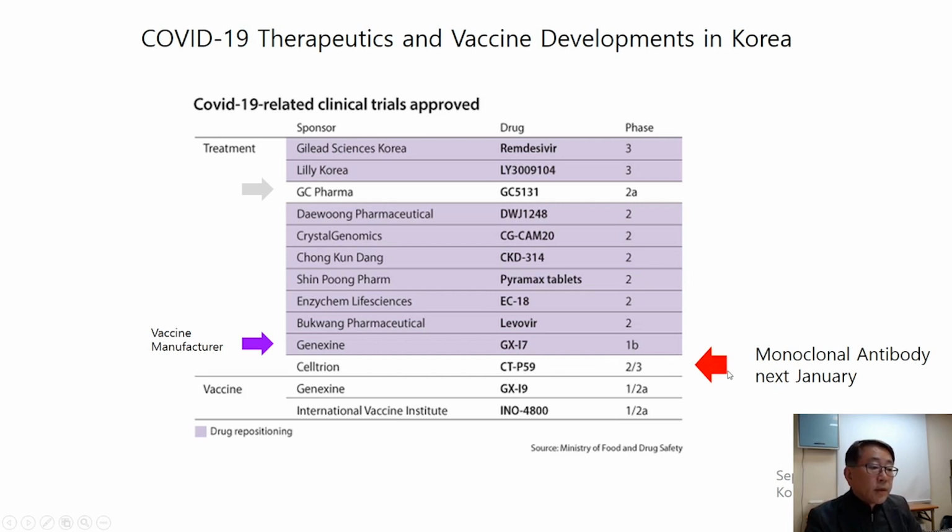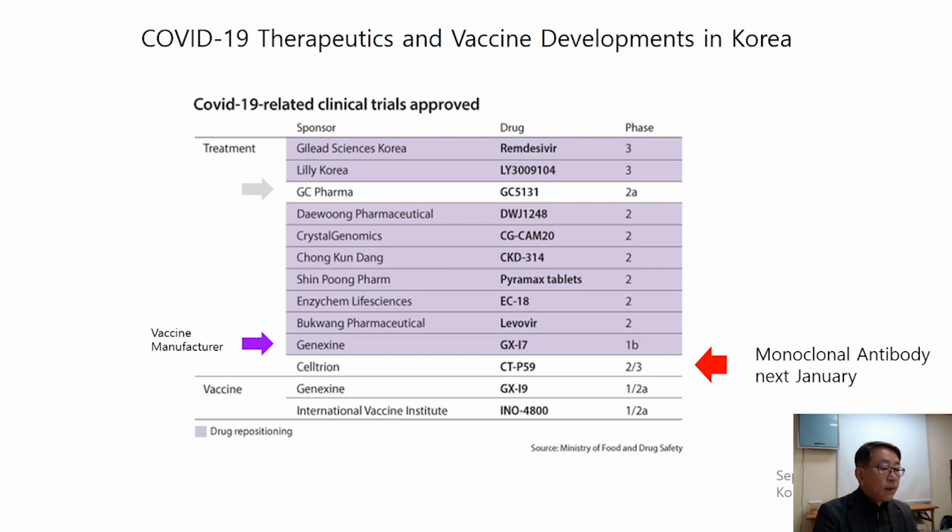The second thing in this slide is a monoclonal antibody developed by Celltrion, which is called CT-P59. This monoclonal antibody finished its clinical stage 2 study, reported today. And this antibody seems to be very safe and has a good efficacy in getting rid of the virus from the human body.